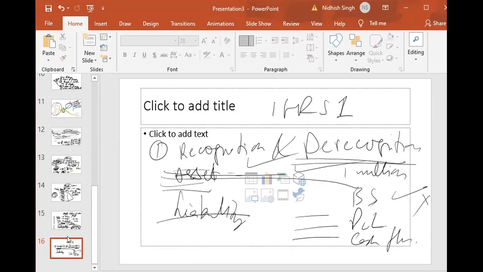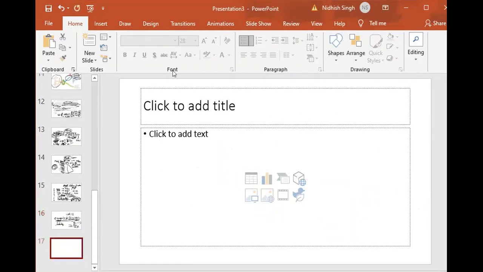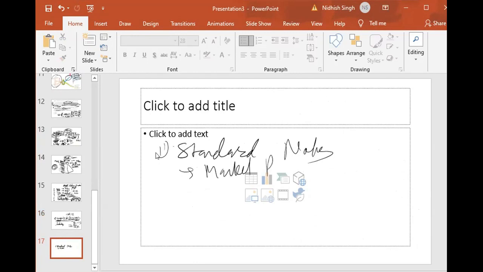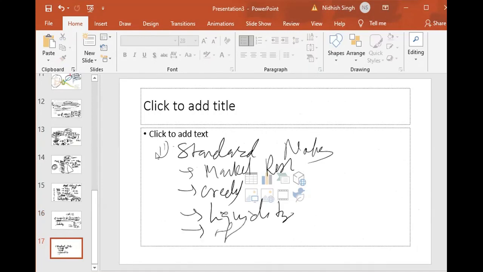What else? You need to have more standard notes. What are standard notes? Disclosures, market risk, credit risk, liquidity risk, offsetting tables, derivative risk, currency risk.